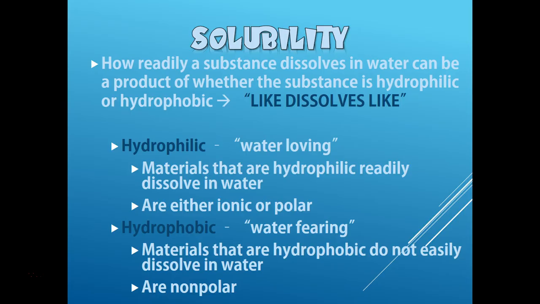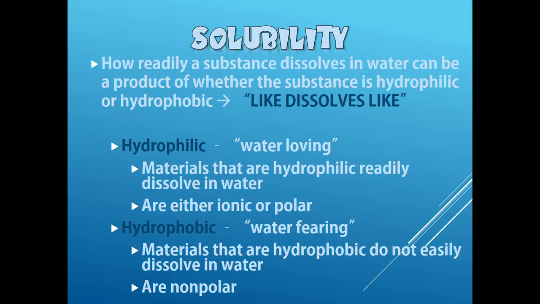And so there are two terms that we can utilize to describe how easily something dissolves in water, and those two words are hydrophilic versus hydrophobic. Anything that readily or easily dissolves in water is something that's hydrophilic. So they easily dissolve, which means they're like the water in terms of their chemical properties.